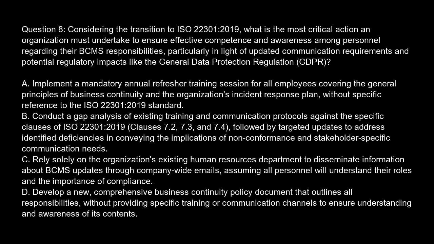Option C. Rely solely on the organization's existing human resources department to disseminate information about BCMS updates through company-wide emails, assuming all personnel will understand their roles and the importance of compliance. Option D. Develop a new, comprehensive business continuity policy document that outlines all responsibilities, without providing specific training or communication channels to ensure understanding and awareness of its contents.